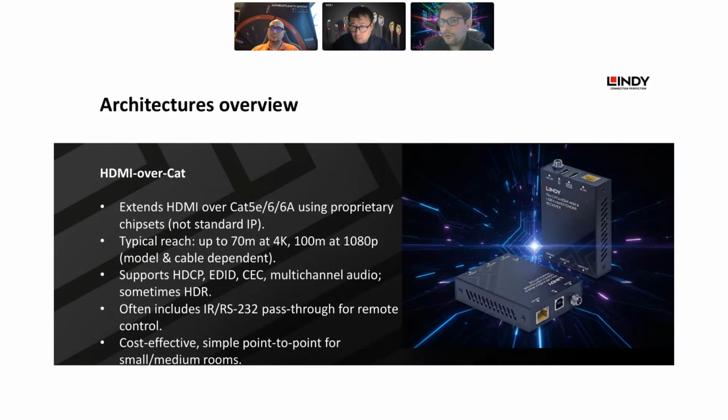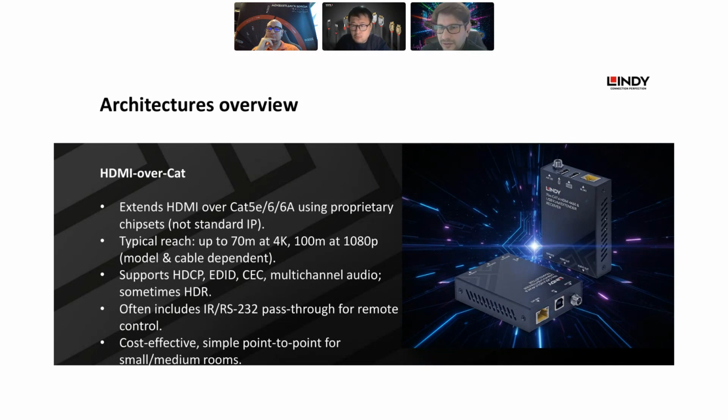And the architecture overview. Well, the first architecture, HDMI over CAT. Extend HDMI over CAT5e, CAT6, or CAT6A. I would recommend that you use CAT6A now. It uses proprietary chipsets, non-standard IP. Typical reach is up to 70 meters at 4K and 100 meters at full HD, depending on the model and cable.